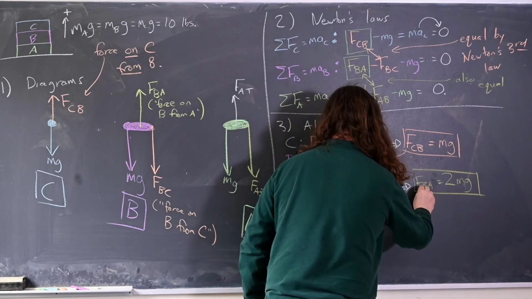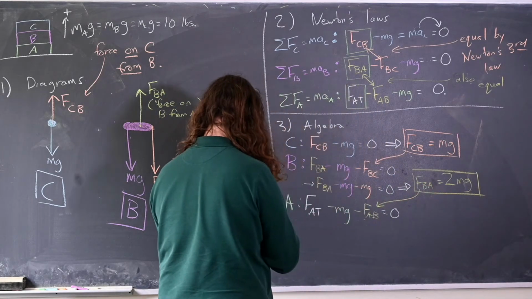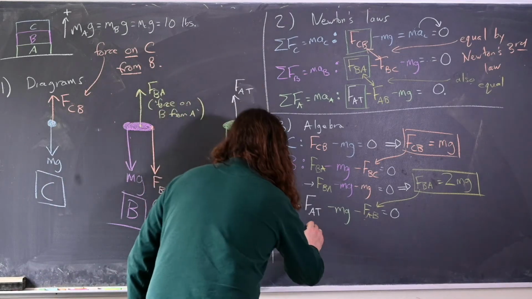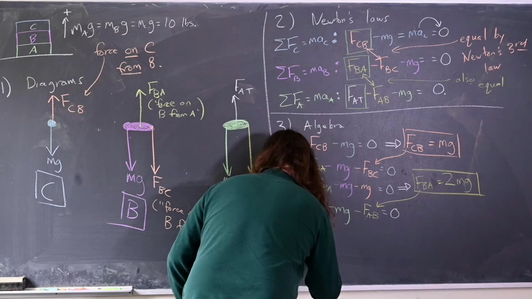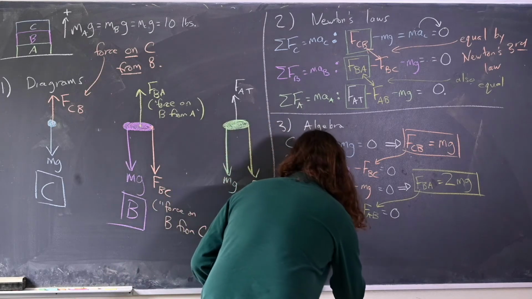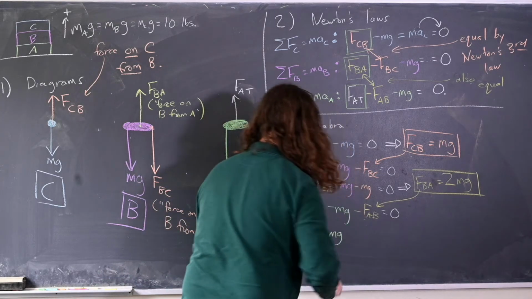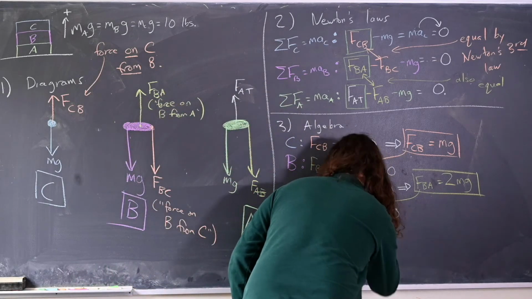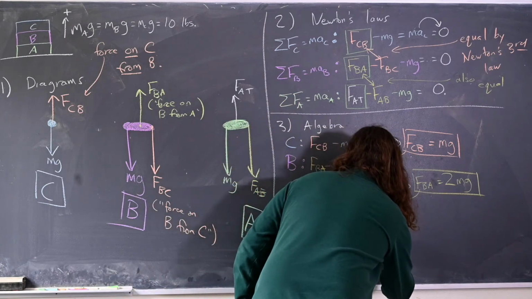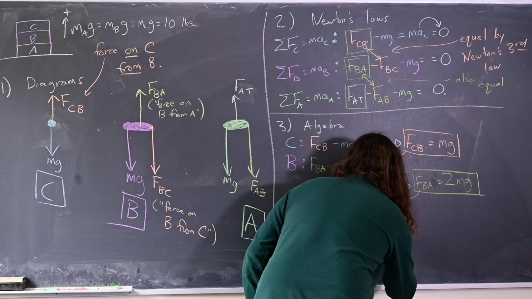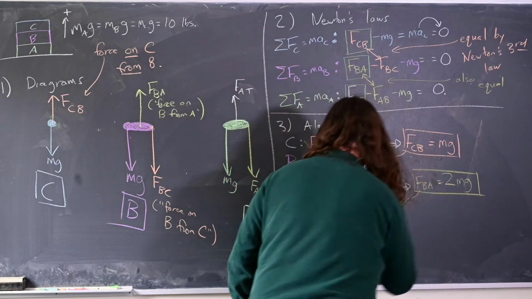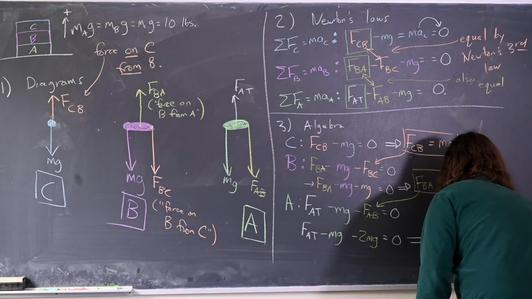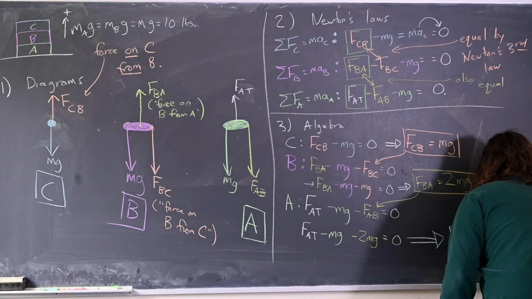I substitute in the thing that I just found. That gives me FAT minus mg minus 2 mg equals 0. And that tells me that the force on A from the table is 3 mg.